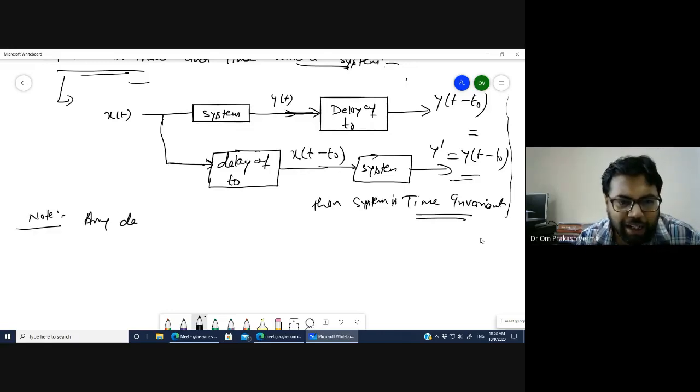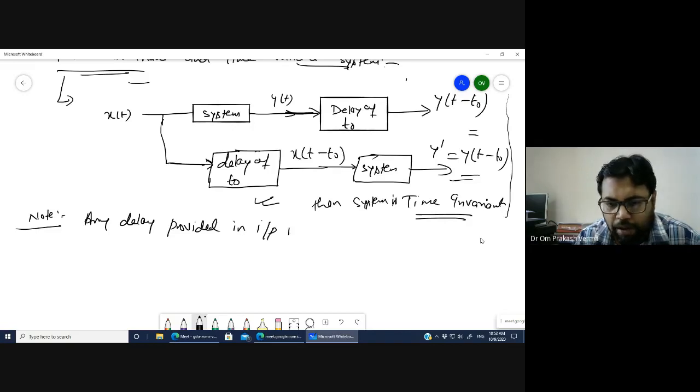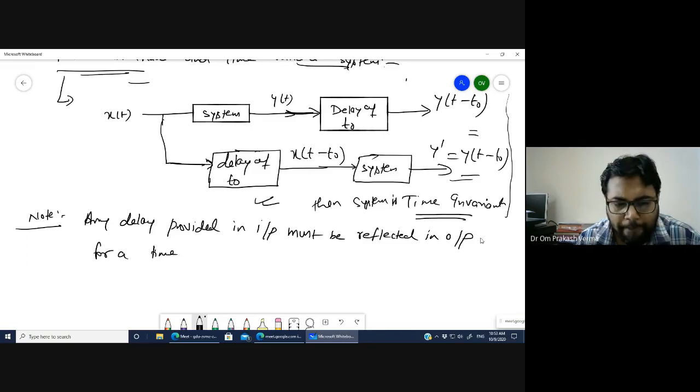Any delay provided in input must be reflected in output for a time invariant system, right? Whatever I said earlier. So these are the same.